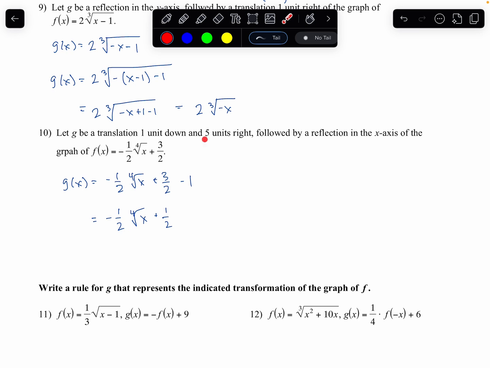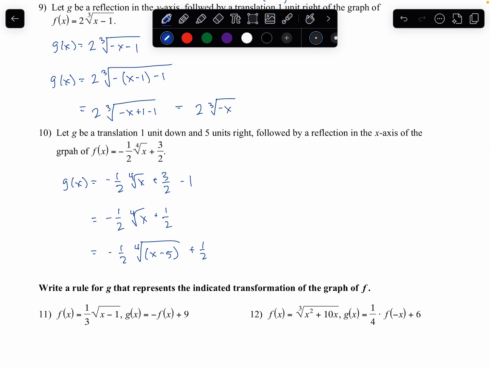And then we're going to move it to the right 5 units. So negative 1/2, we have the fourth root, and that's going to become x minus 5, I believe, plus 1/2, and then followed by a reflection in the x-axis.